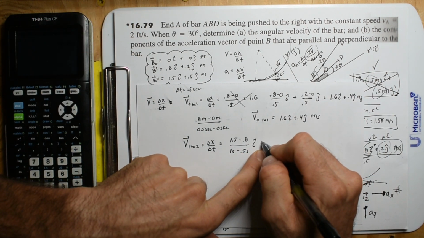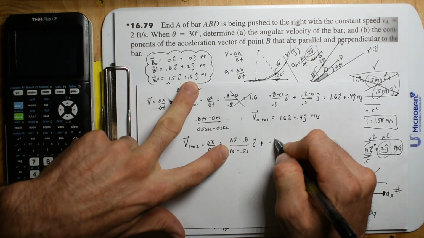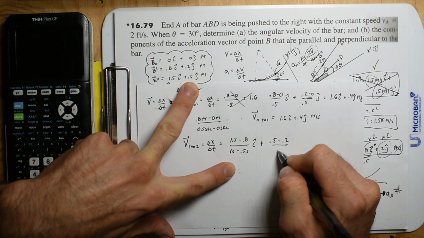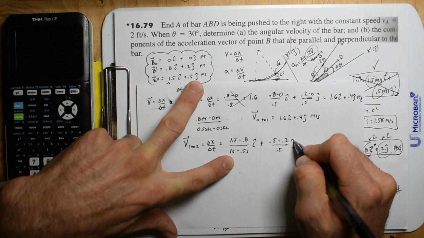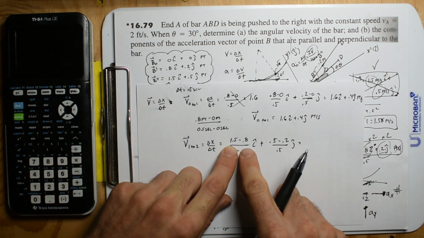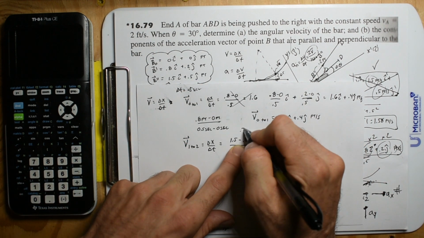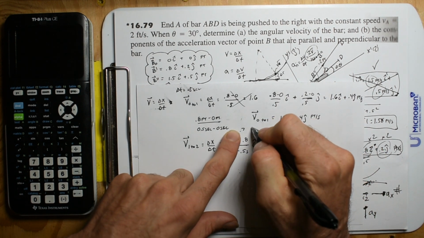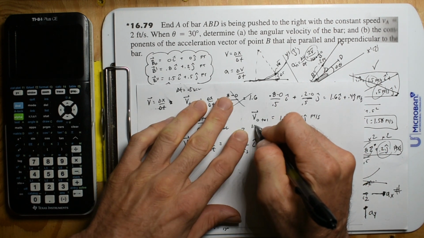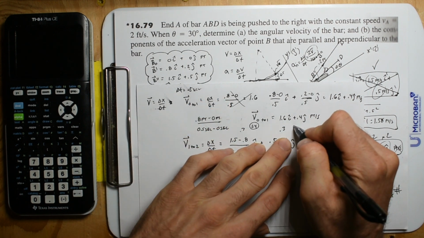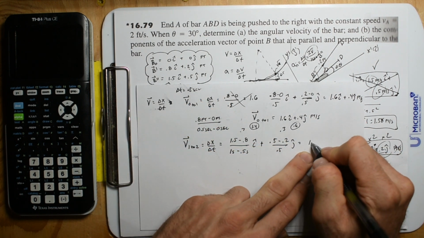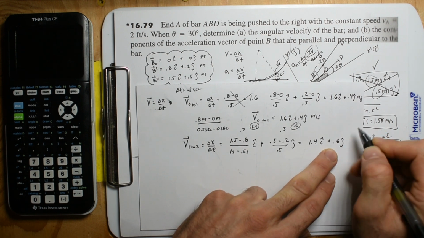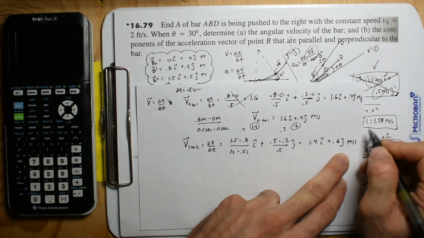But this is your i hat plus 0.5 minus 0.2 divided by 0.5 j hat. So this is going to be 0.7, this is going to be 0.3. We're going to double it, so we're going to have 1.4, and then 0.6. So hopefully we did that right. 1.4 i hat plus 0.6 j hat. This is in feet per second.